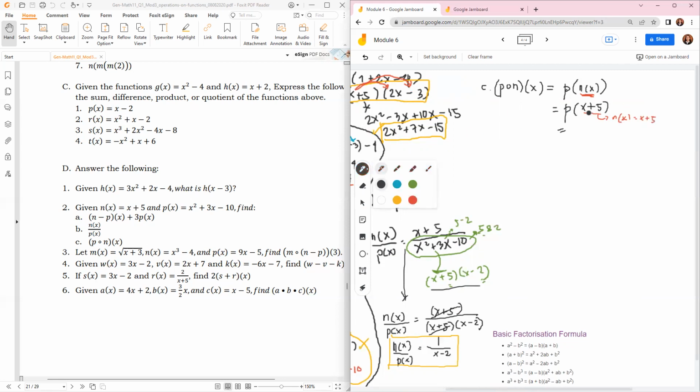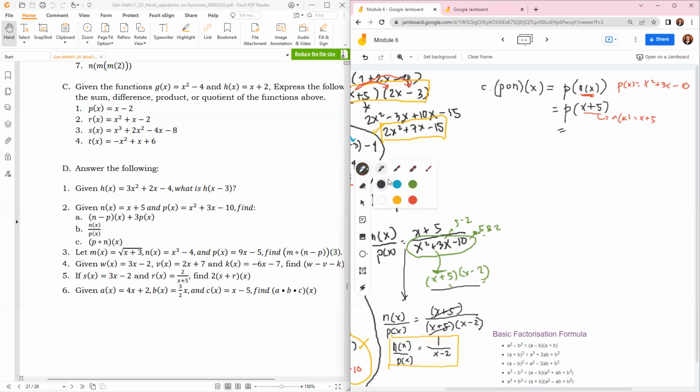So what is P of x plus 5? P of x plus 5 is basically P of x, recalling that P of x is x squared plus 3x minus 10.